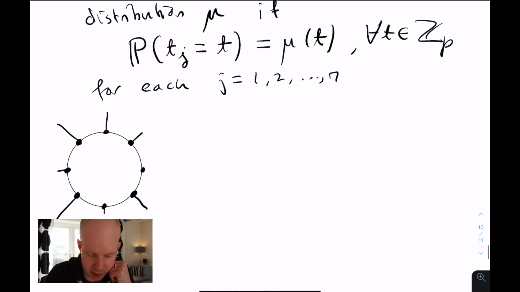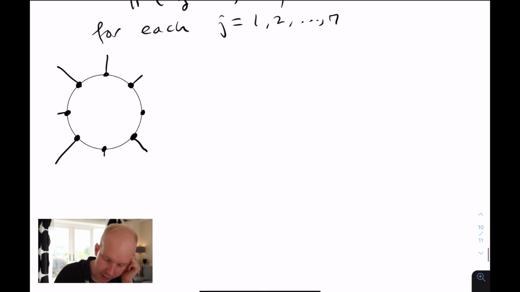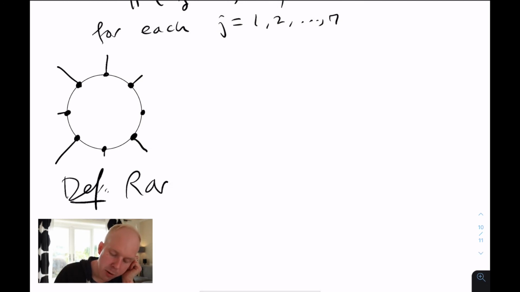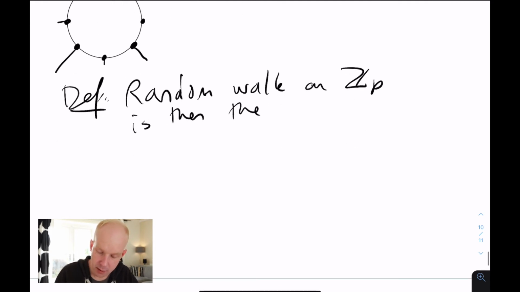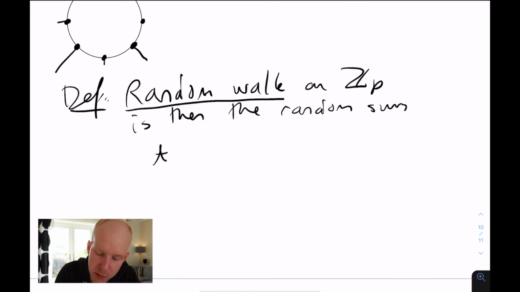And now a random walk could be defined as follows. So the definition: a random walk on Z_p is then the random sum T1 plus T2 plus up to Tn.